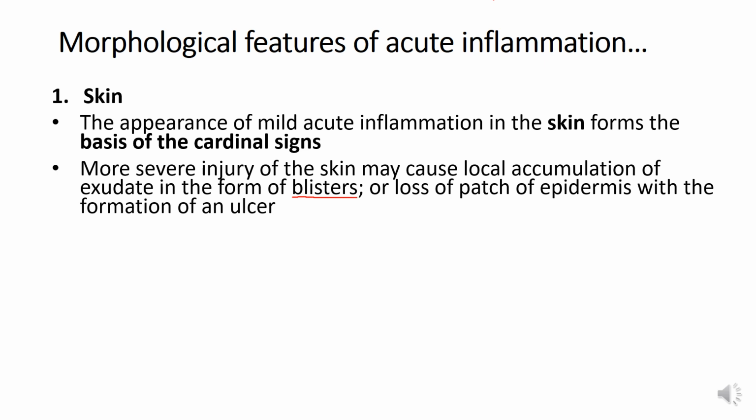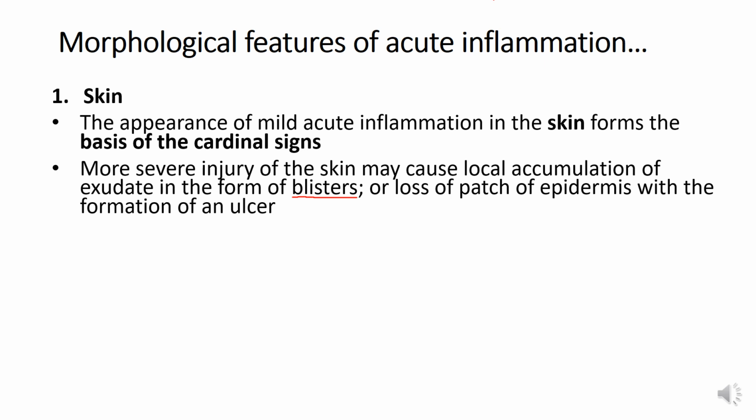For example, if you have ever worn shoes that are tight, that are pressing you on the toes or somewhere else on the foot, you will realize that after some time, blisters form around the area that you are feeling pain. That means that at that point, there was mechanical injury to your skin on your toe or foot. That led to an inflammatory response. And when there is an inflammatory response, we expect exudate formation. It is this exudation that you see as blisters.